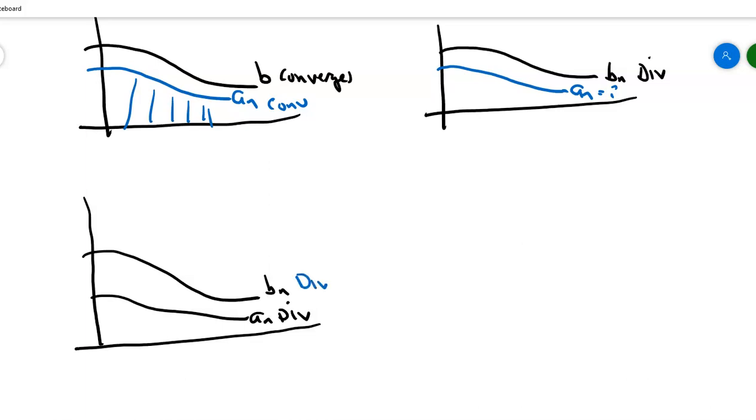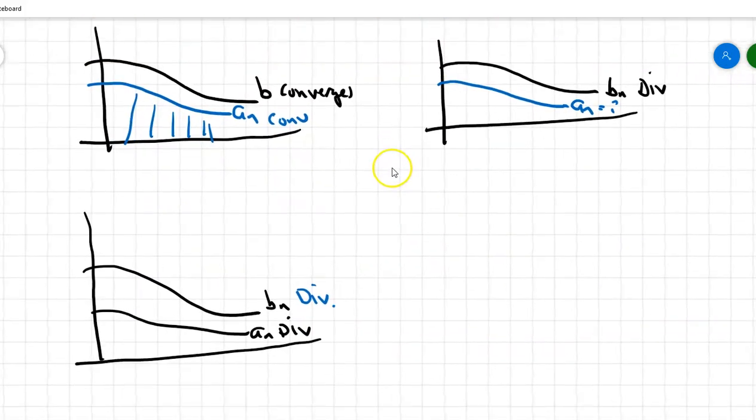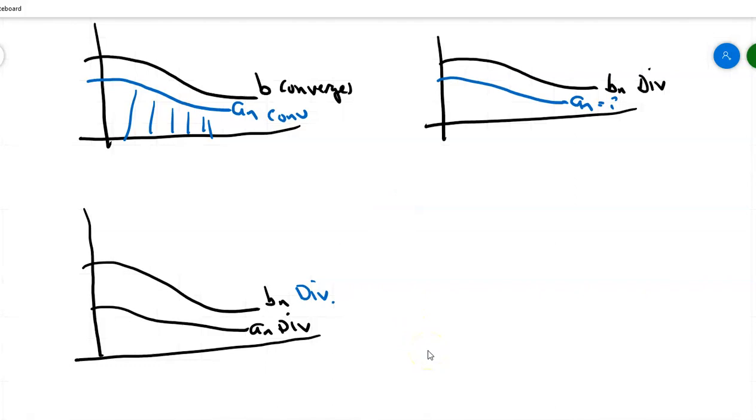The top one also has to diverge. The fourth case doesn't give us any information. What if I knew that the smaller one converged? That doesn't tell me anything about the bigger one, right? The bigger one could diverge or it could converge. So if you think about it graphically, that might help you figure out which one is which. This will have two cases that work and two cases that don't work.